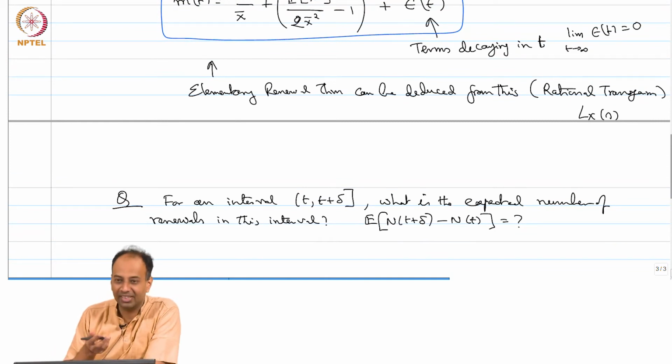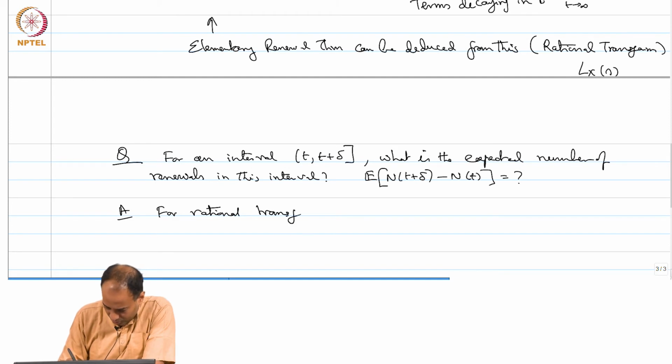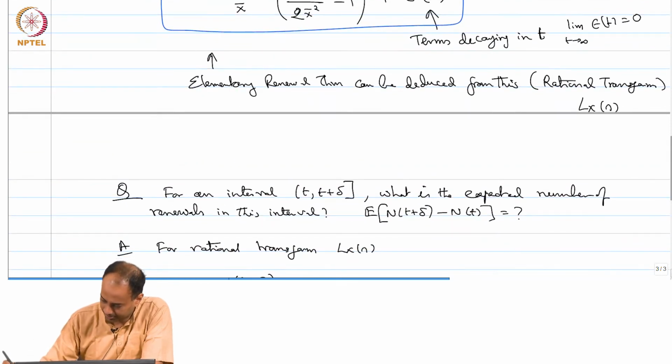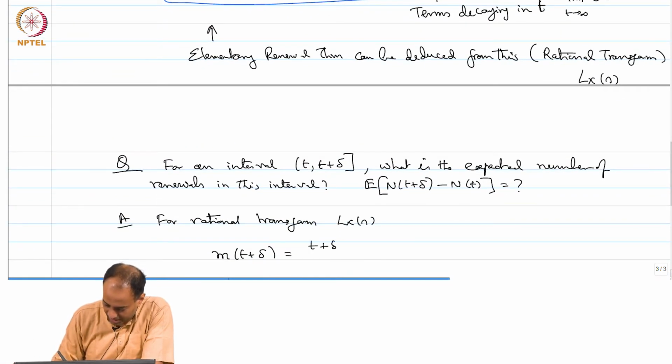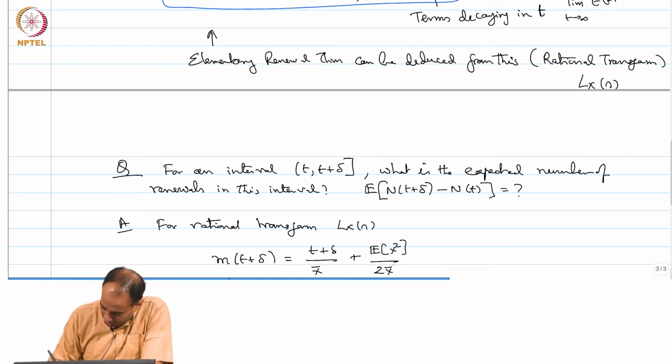Again, for a rational transform L x of s, the answer I know, at least for rational transforms. I know m of t plus delta is simply t plus delta over x bar, you look at that term, right, t plus delta over x bar plus expectation of x square over 2 x bar square minus 1 plus epsilon t plus delta.